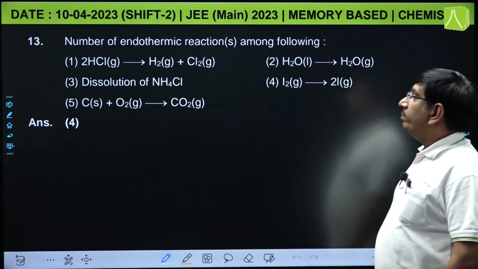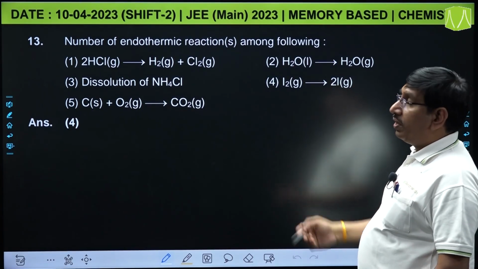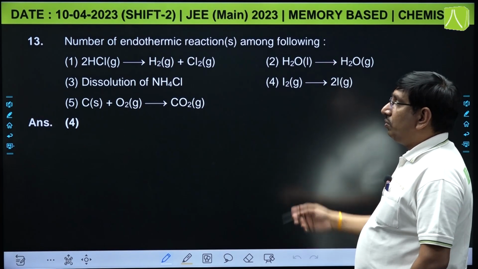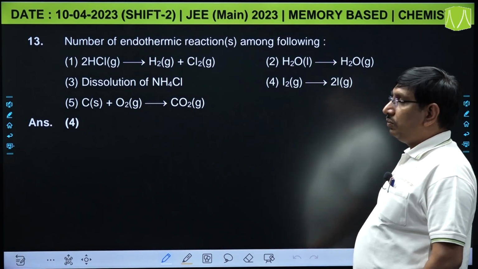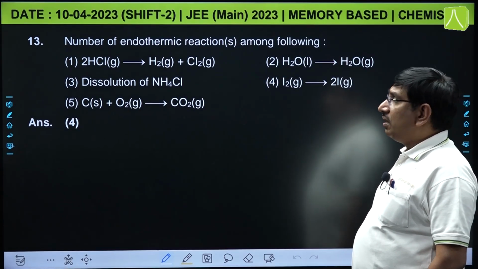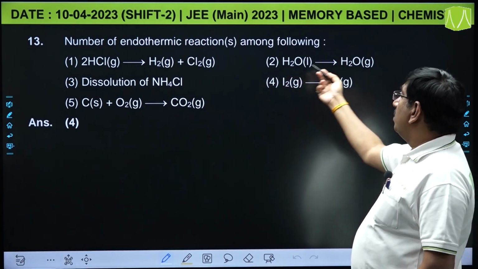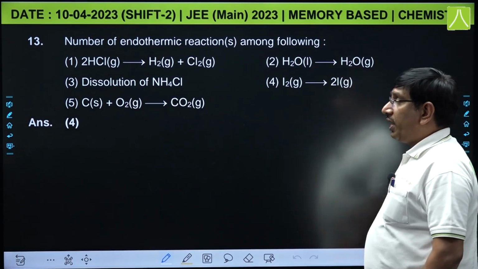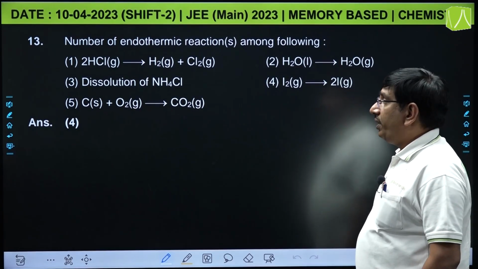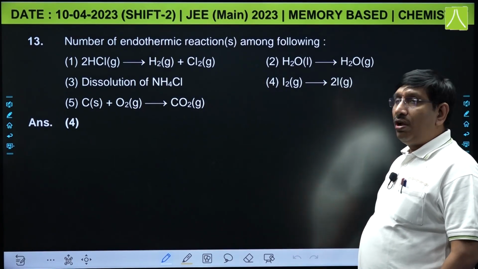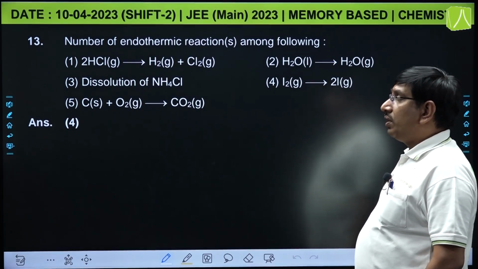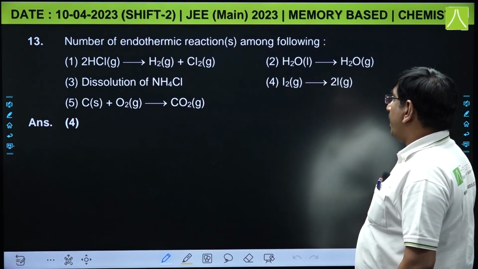Next question from thermodynamics, the number of endothermic reactions among the following. Here 2 HCl giving H2 plus Cl2, bond dissociation is always an endothermic reaction. H2O liquid to H2O gas, here the liquid is converting into vapor, it is also an endothermic reaction. Dissolution of ammonium chloride, when dissolved in water, is an endothermic reaction.